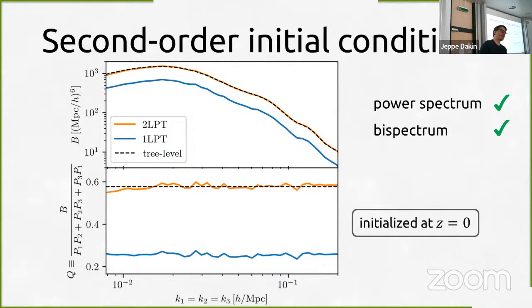Yeah. Okay, good. I can say if you do this for the equilateral bispectrum, if you do any other configuration like isosceles, it doesn't really work as nicely. And also at later times or at smaller scales, it also doesn't really work. But that might be because you need loop corrections or whatnot. I don't know.